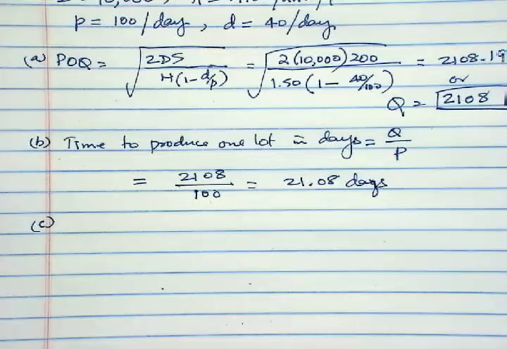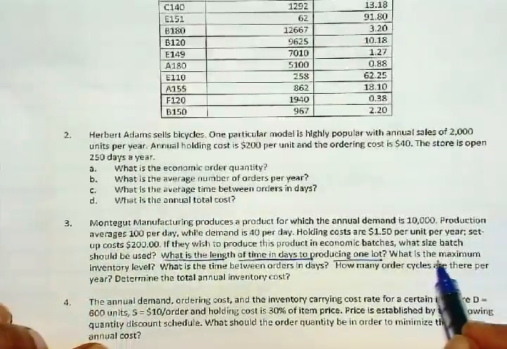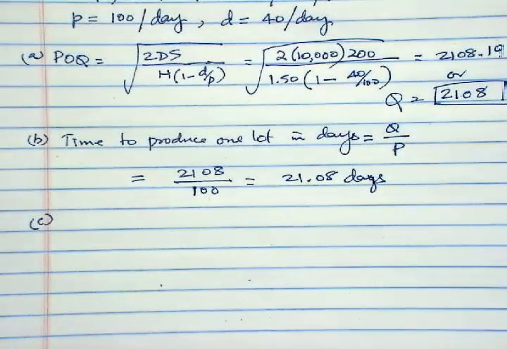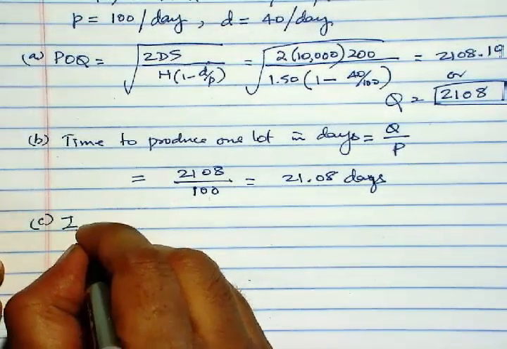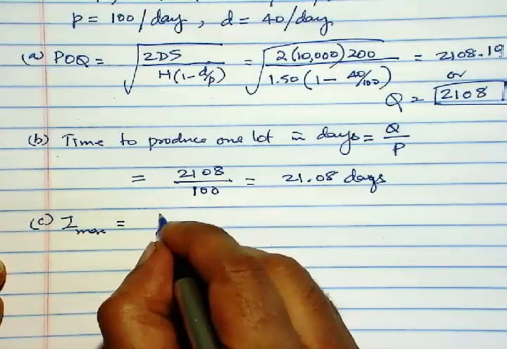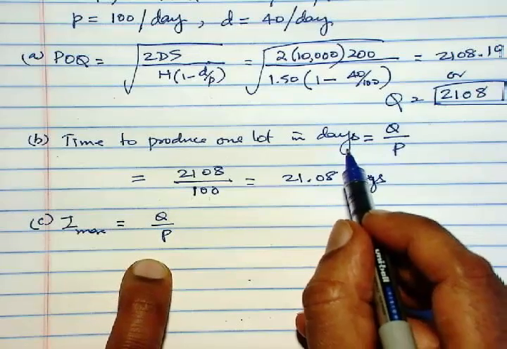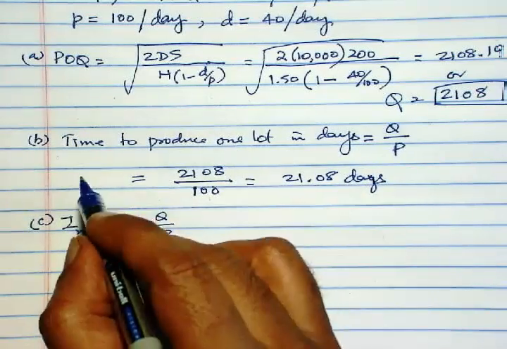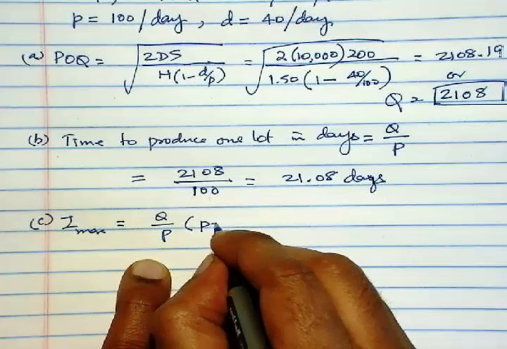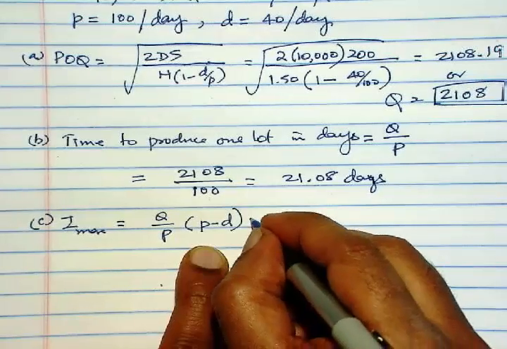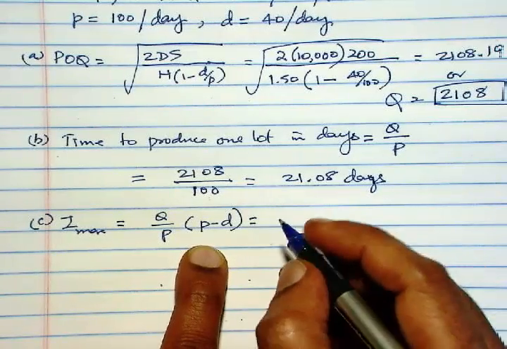Then the next question is, what is the maximum inventory level? So maximum inventory level, which is I sub max, is given by Q over P. So that is the number of days it's going to take to produce one lot, and during that time inventory will rise at the rate of P minus D. So this will give us the maximum inventory level.